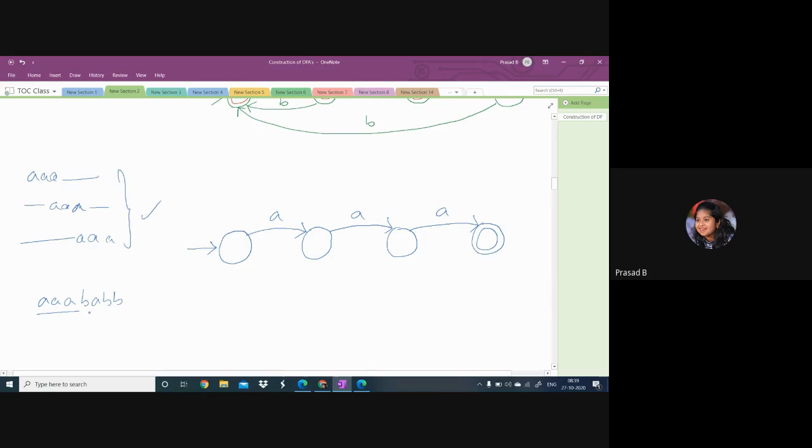Valid, because it already has triple A. Once we get three A's and reach the final state, it can be any combination of A and B, so we will be forever in the final. But when do we go to the final? If three A's come consecutively.